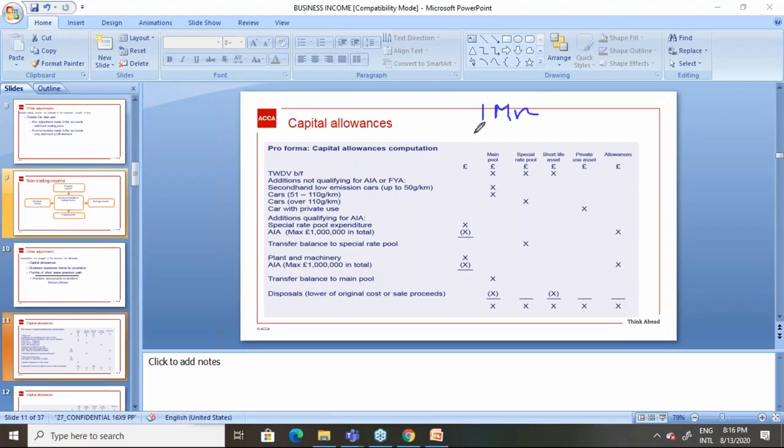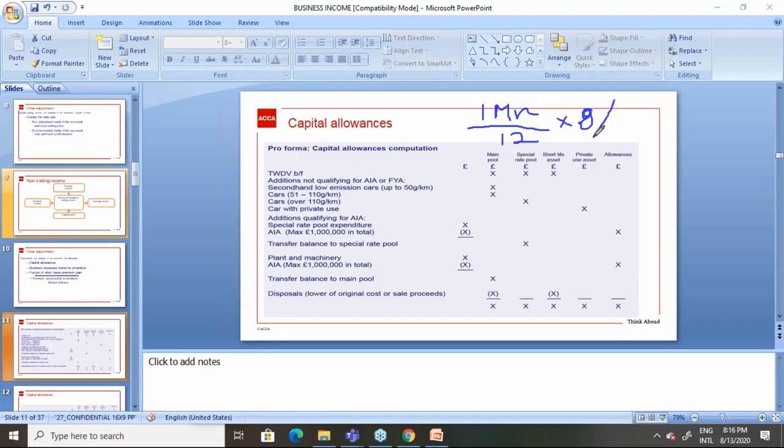However, if you have prepared accounts for less than 12 months, then you have to divide it by 12 and multiply it by whatever the accounting period. Say your accounting period is 9 months, then you take 1 million, divide by 12 and multiply by 9.